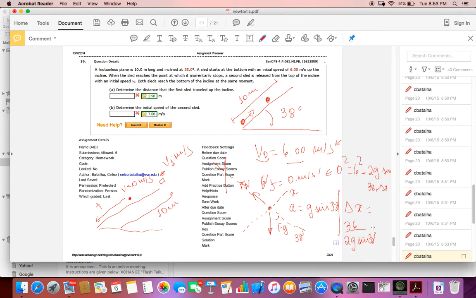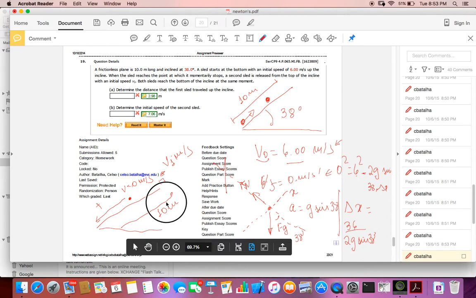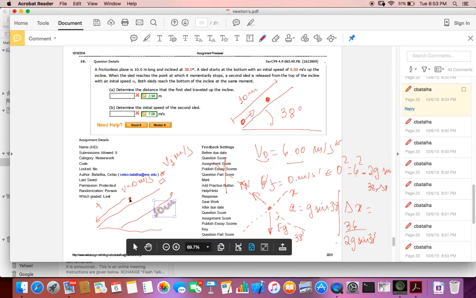And then determine the initial speed of the second sled. Since the time that it took the first sled to go down is the same time that it took the second sled to reach the bottom of this incline, the time is the same.